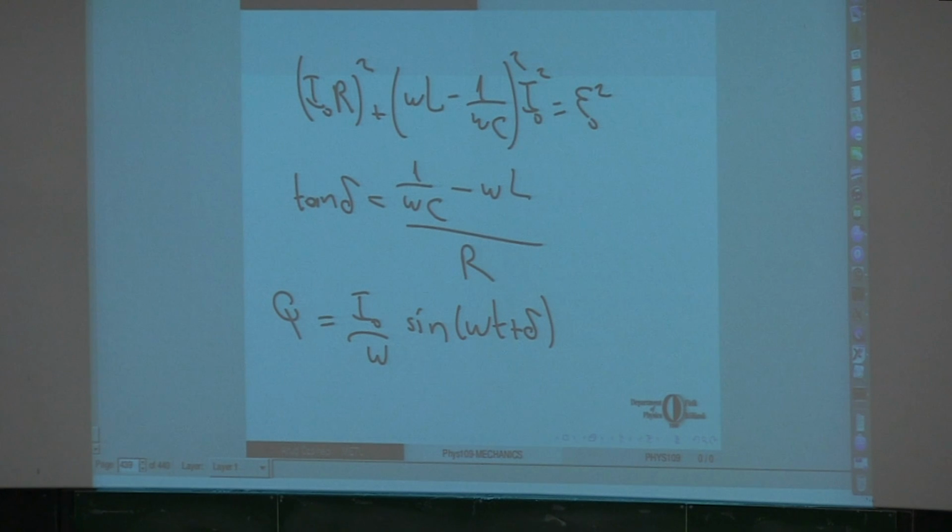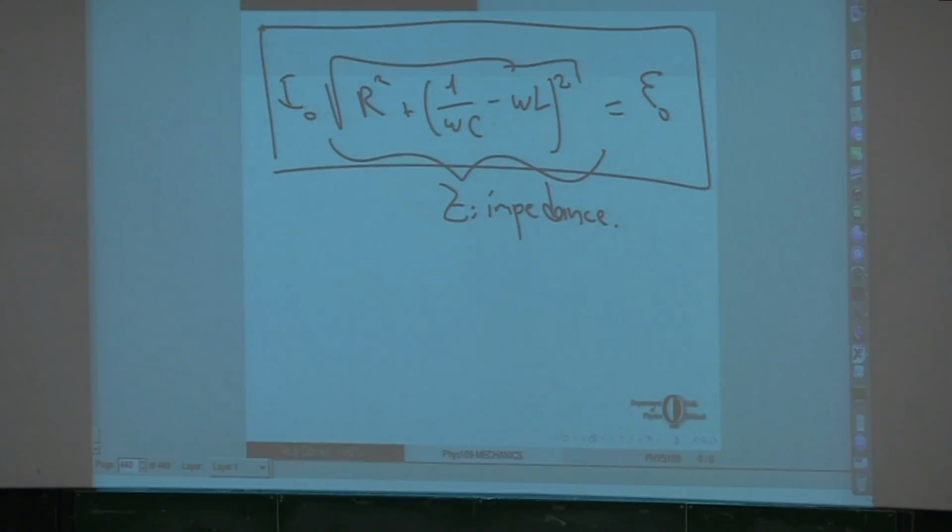Now, the other thing that will be important is when you create your circuit, there will be an adjusting knob for your power supply. So you can change omega, but once you prepare your circuit, L is fixed, C is fixed, R is fixed. And if you would plot this I0 as a function of the frequency that you provide, suppose you just keep epsilon 0 constant.